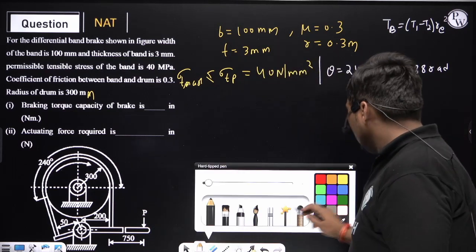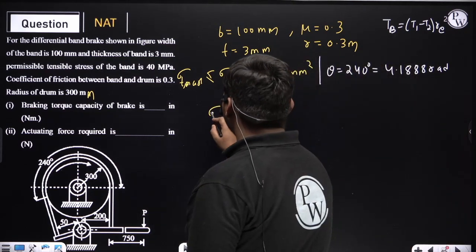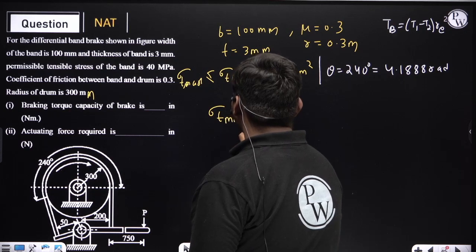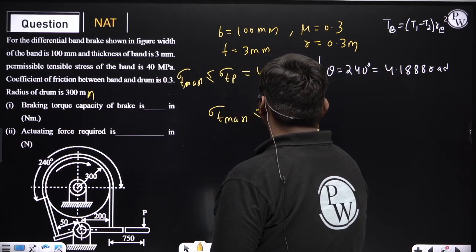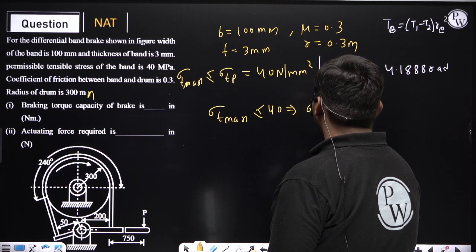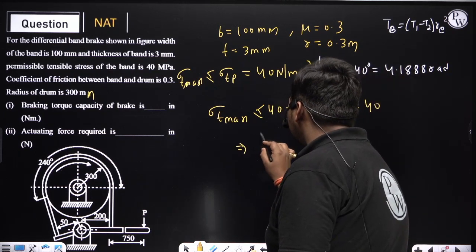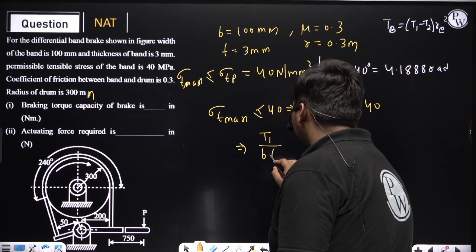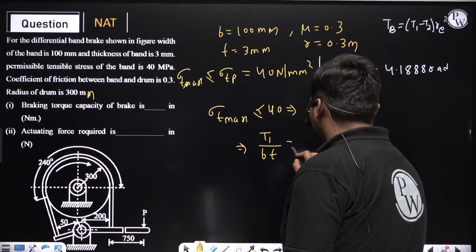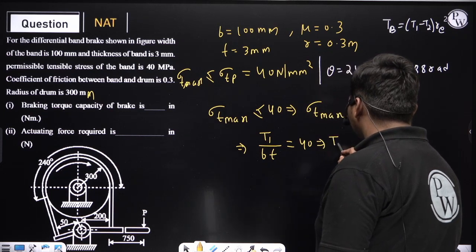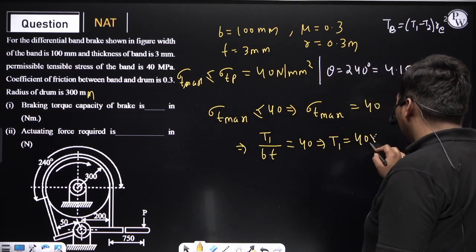First, maximum tensile stress should be less than or equal to 40. To find the limiting value, we equate maximum tensile stress with 40. Maximum tensile stress is T1 upon width into thickness, equal to 40. So T1 will be 40 into width into thickness.